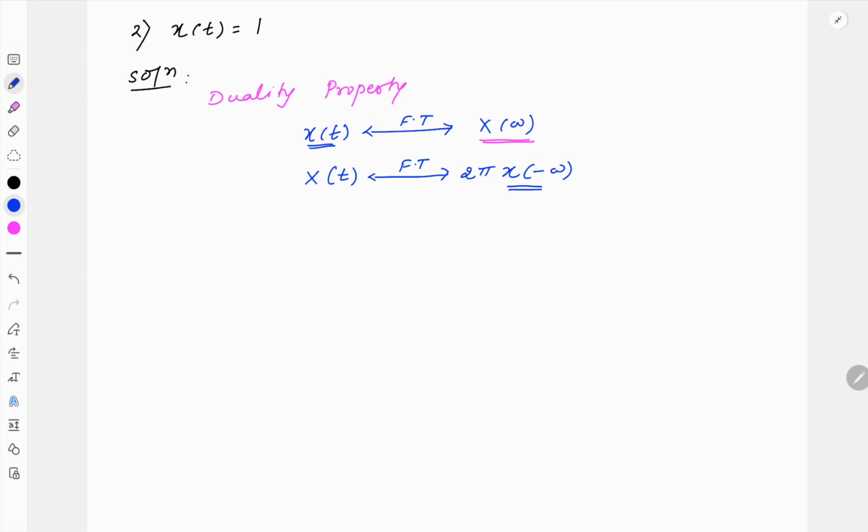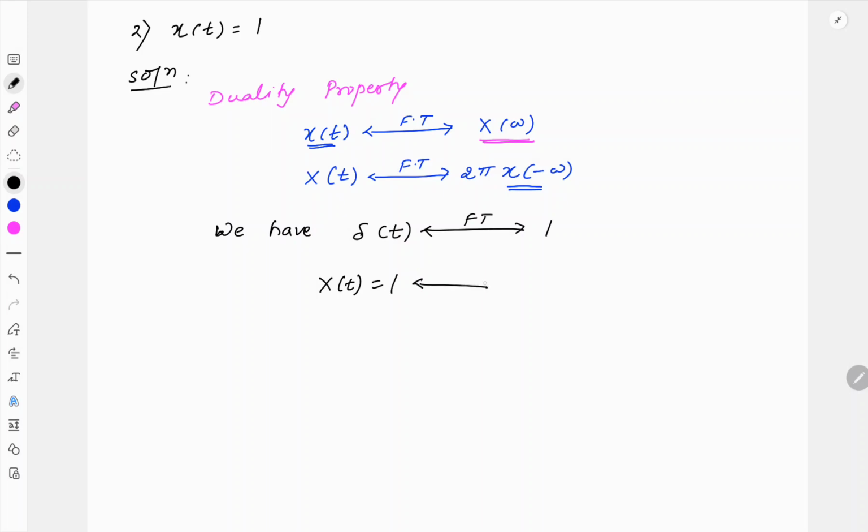So we have delta t, that is the impulse function, its Fourier transform is 1. Now we need to bring this 1 towards the left hand side and replace omega by t. On the right hand side we do not have omega, so straight away we can bring it to the left hand side. So it will become x of t is equal to 1.